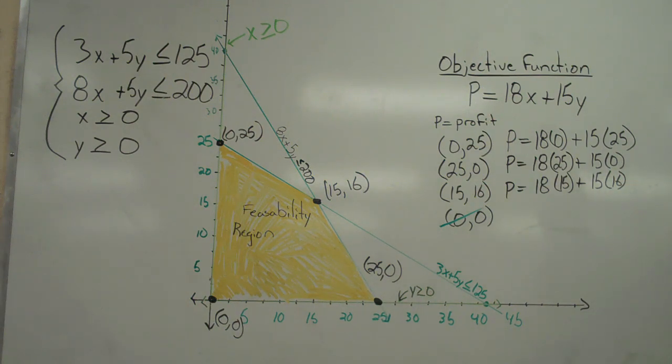Now, with just a brief little bit of calculation, what I can find out is that when I have 25 of these and 0 of my y, I have $450 in profit.